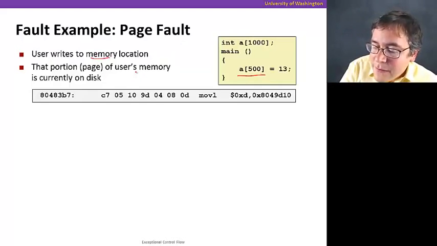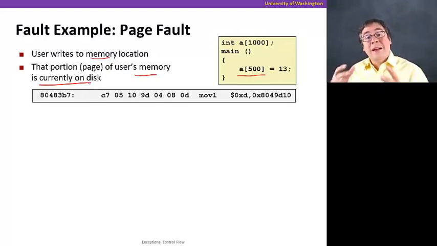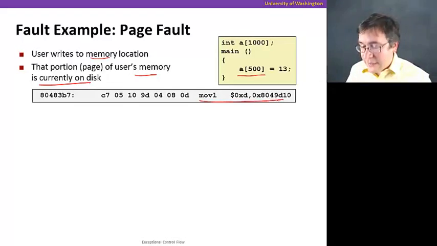If it so happens that that portion of the user's memory is currently on disk, it's not in actual memory, you're going to see that in more detail in virtual memory, but it could happen that whenever you touch a memory location, the memory actually isn't there yet. So we have to transfer control to the operating system to actually map that page in. Here's our instruction that's being executed.